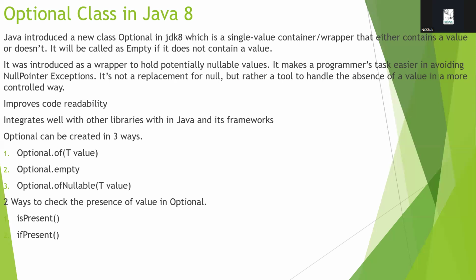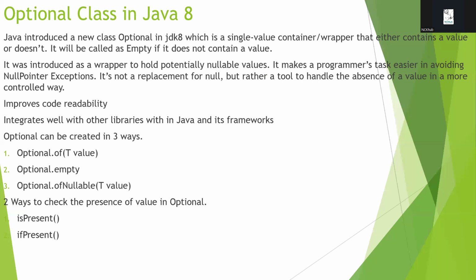What are those? One is the Optional.of method, another is the Optional.empty method, and the third one is Optional.ofNullable. The very first one, Optional.of, will create an Optional object with a non-empty value. The second one, Optional.empty, will create an object for the Optional class which is an empty Optional.